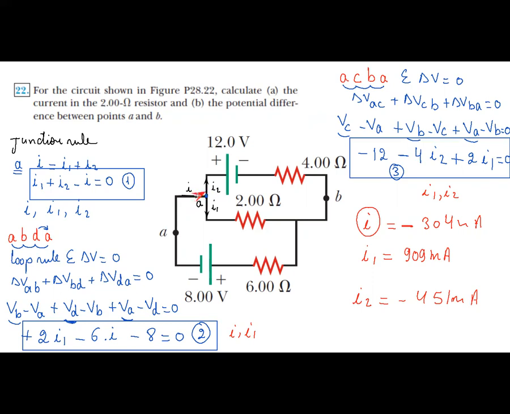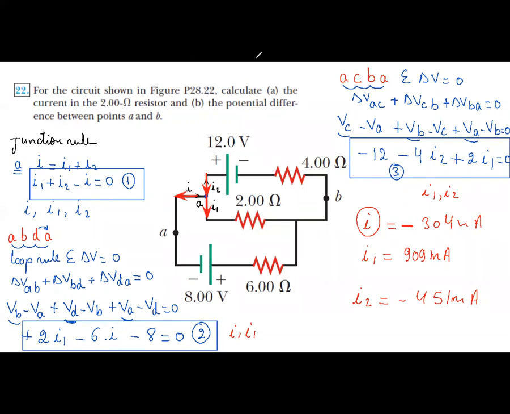It must be in this direction. I2 is also negative. I2 must be in, because in the calculation I took I2 in this direction, so we have to change it because it has a negative value. I1 has a positive value, so it has the same direction.